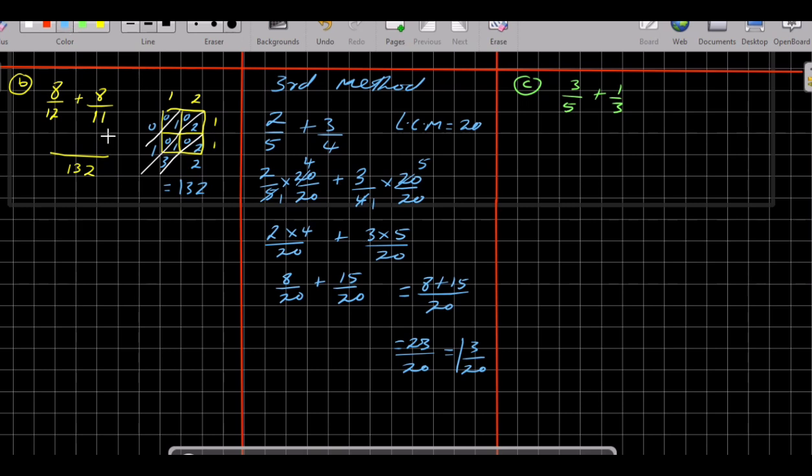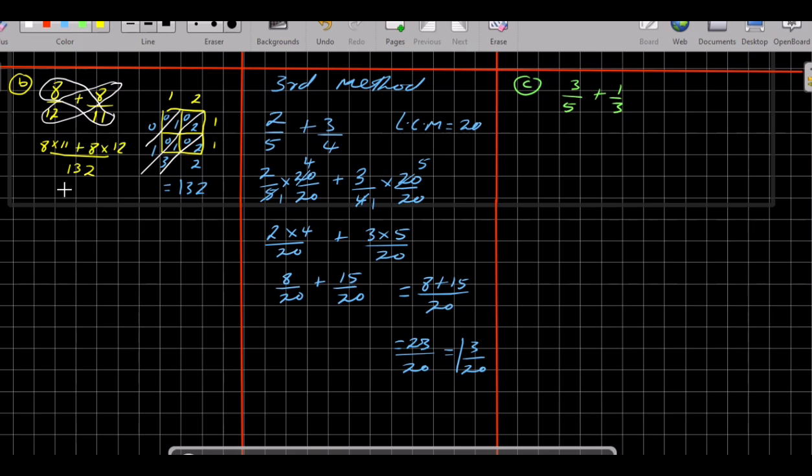So let's proceed. Now we are going to multiply each fraction diagonally. So we have this butterfly method, as it is commonly known. So we have 8 times 11 plus 8 times 12.